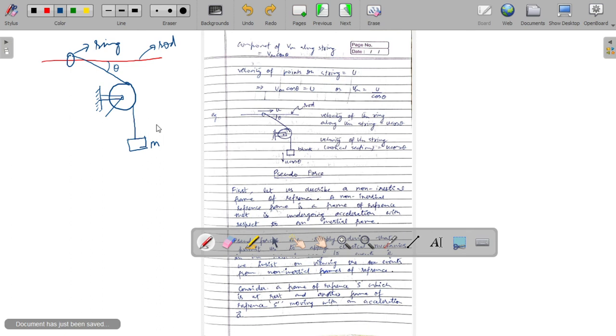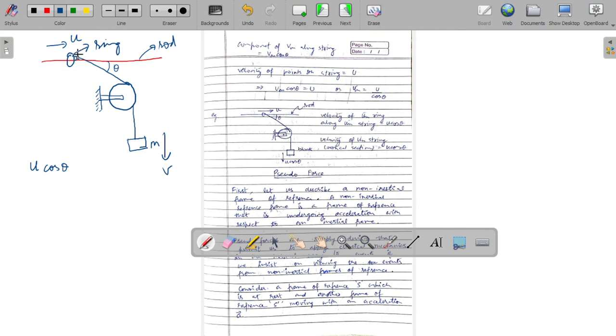Basically the mass m would be moving down with some unknown velocity v. We are given the velocity of the ring, it is u. So again we will be doing the same thing. We would say that velocity of the ring is u, and the velocity of the point on the string which is connected to the ring, along the string, would be u cos theta.